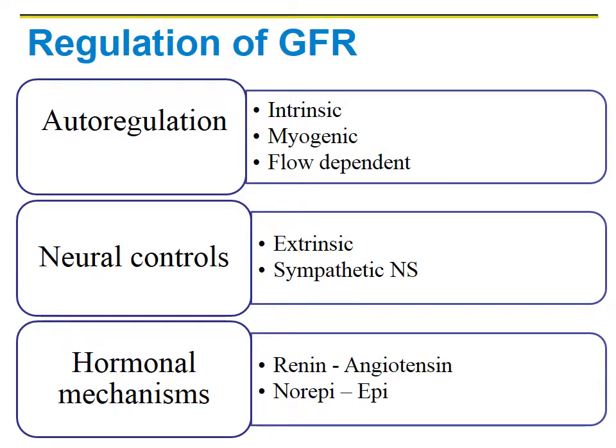Extrinsic hormonal mechanisms such as norepinephrine, epinephrine, and the renin-angiotensin pathway. Here's the deal. Regardless of how we control glomerular filtration rate, we have two basic options. Control how much blood is inside the glomerulus, or control how much blood is in the body.